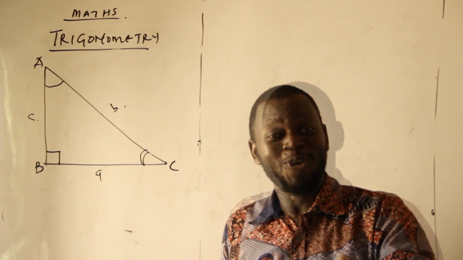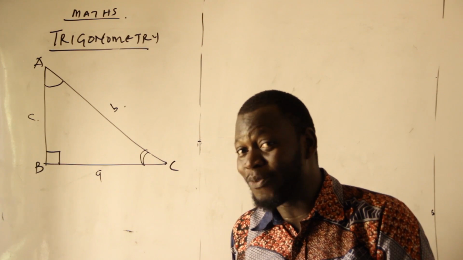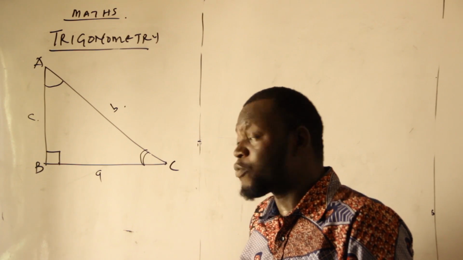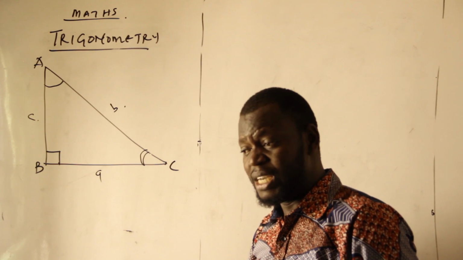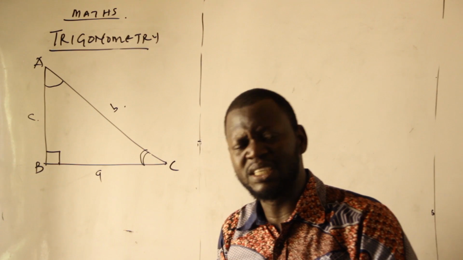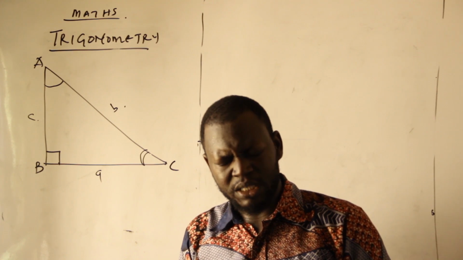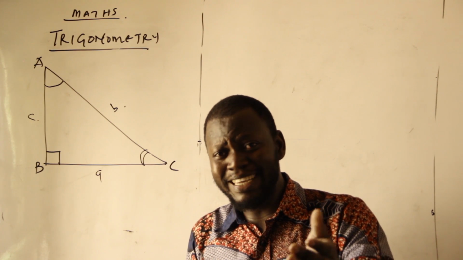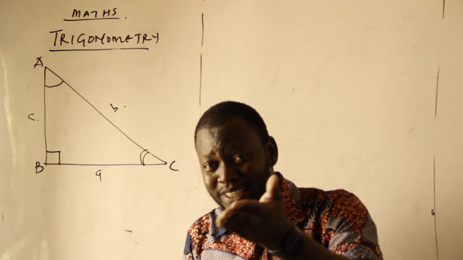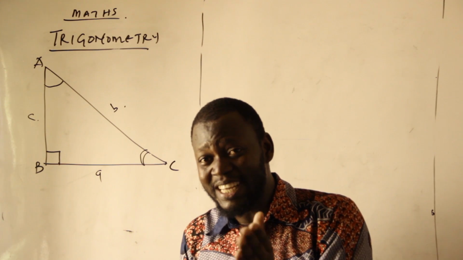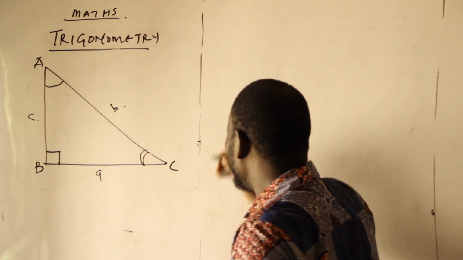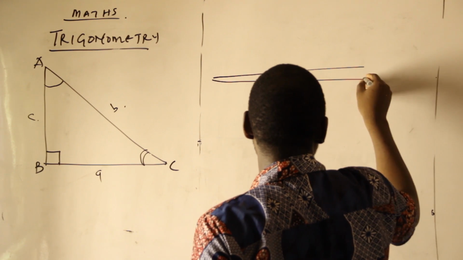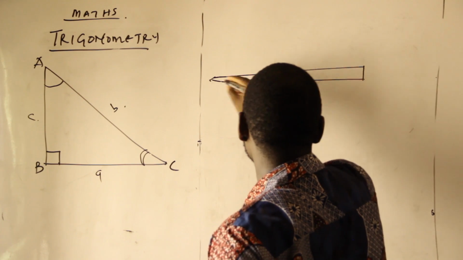Of course, we don't measure our lines. There was a question we did in SS2 on circle, and we hardly could see the difference between the opposite and the hypotenuse, because they are very close. Something very tiny like this was the calculation.